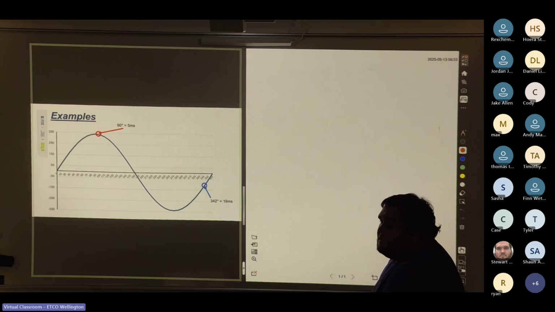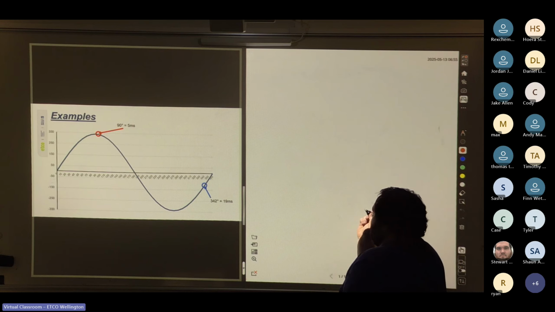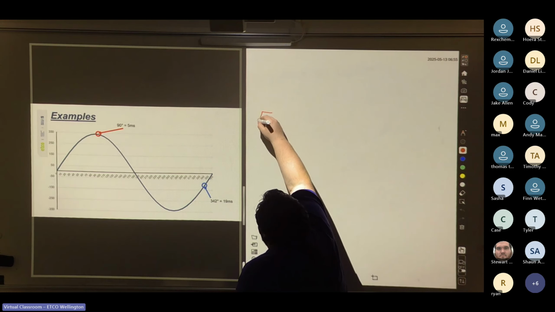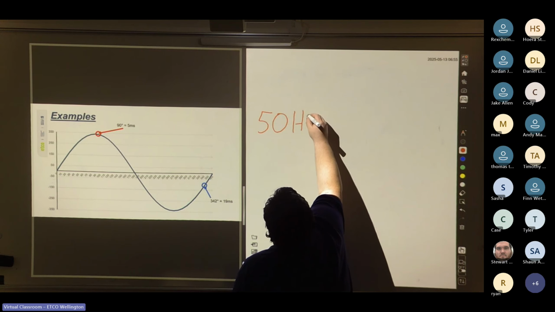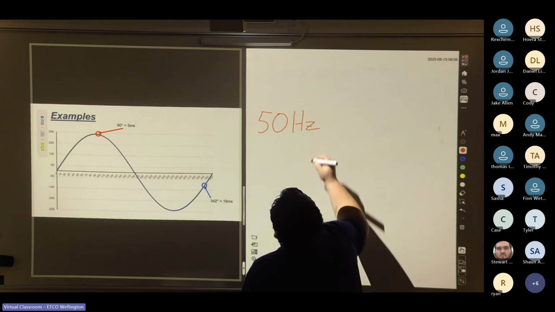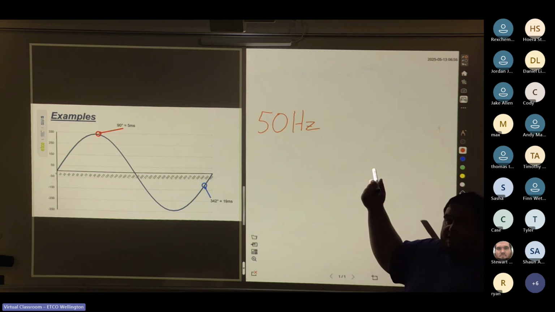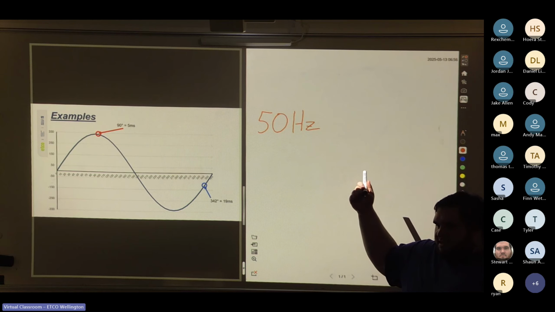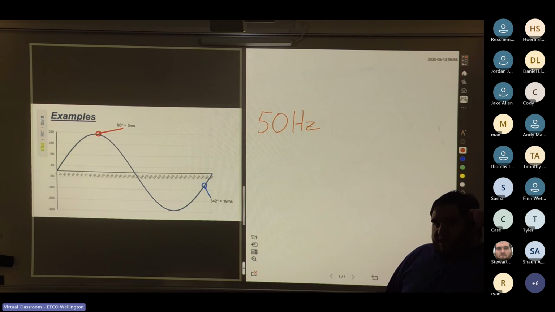So basically, when we're dealing with time, the first thing we start off with is 50 hertz. Cool. So 50 hertz is our frequency. What this means is that 50 times a second, we have an alternation of the sine wave, so it completes one full cycle.